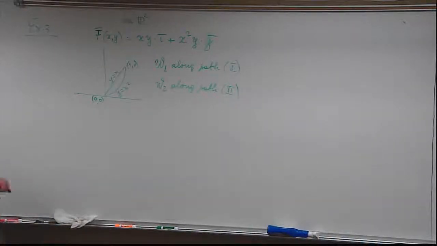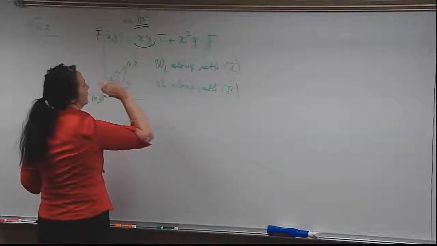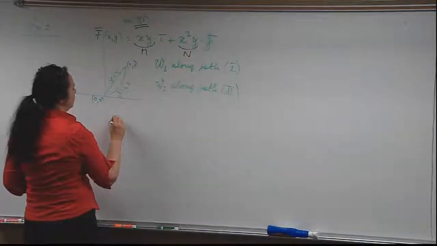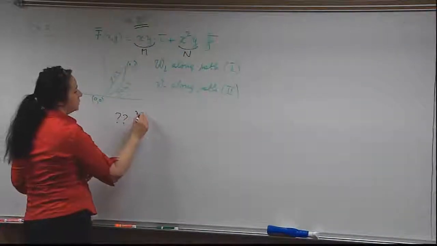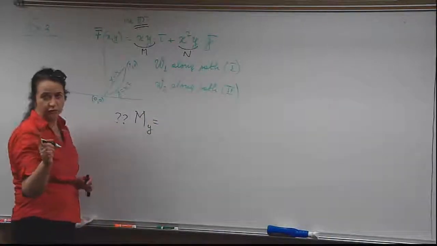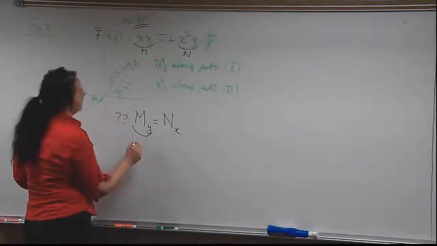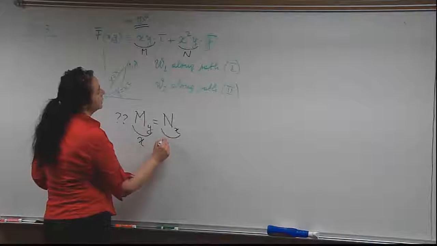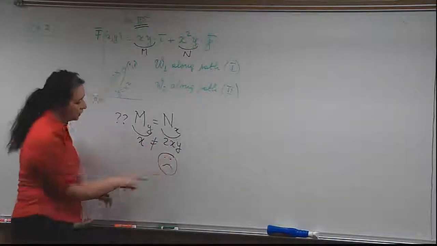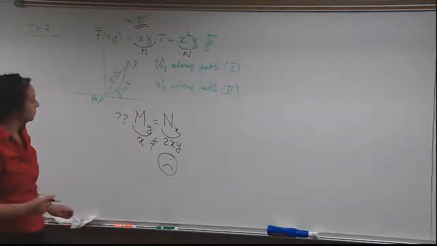That's one test when you are in R2. There is the magic test that says, let's say this is M and let's say this is N. You would have to check if M sub Y, very good, I'm proud of you, you're ready for 3350 by the way, is equal to N sub X. M sub Y is x. N sub X is 2xy. They are not equal. So that's me crying that I have to do the work twice and probably I'll get two different answers.